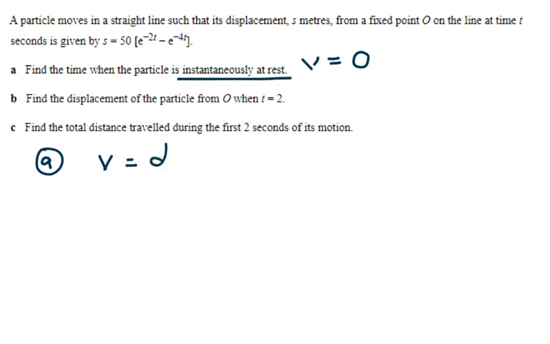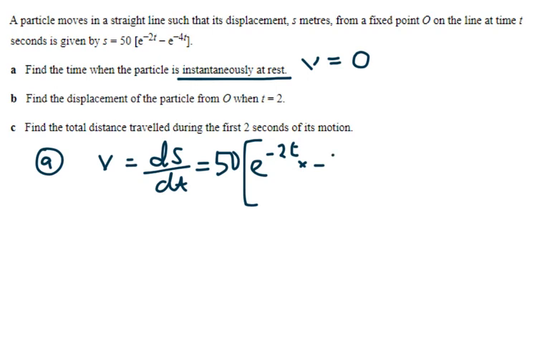So velocity equals to differentiating the displacement equation with respect to t. The 50, the constant, we keep outside the bracket. Exponential of negative 2t, multiply with negative 2, the derivative of negative 2t, minus exponential of negative 4t multiply with negative 4.